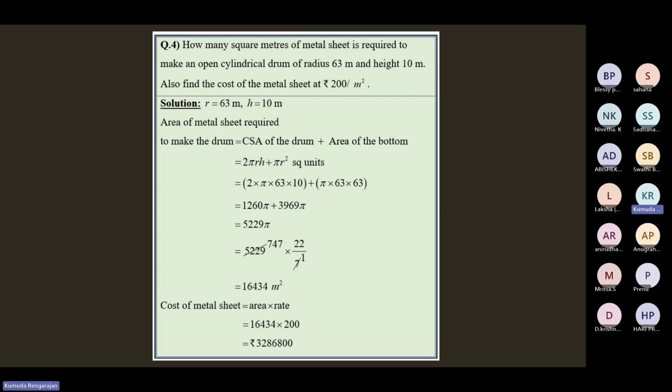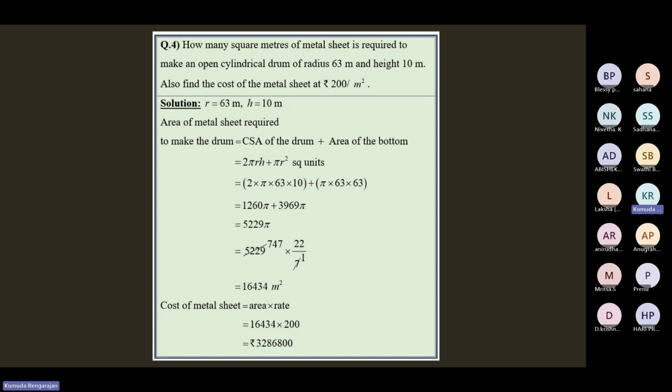So where all will the metal sheet be used? To make the CSA and the bottom. So the area of the sheet required to make the drum, wherever in the cylinder the material is used, only that area you should find.